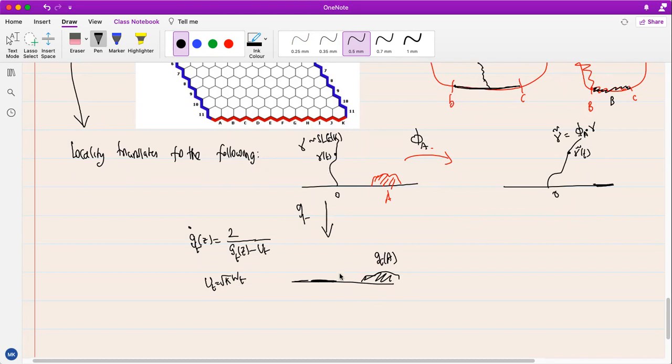So this gamma T will go to some point square root kappa WT. Now let's look at what happens if you try to do Loewner to this gamma tilde. Basically locality translates to the following: gamma tilde also develops like SLE kappa.